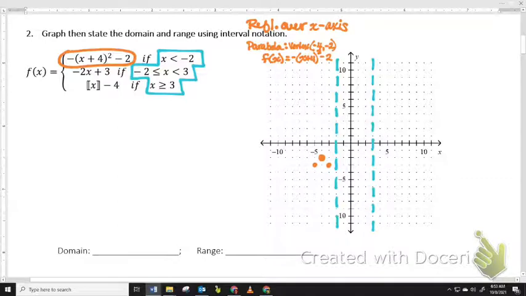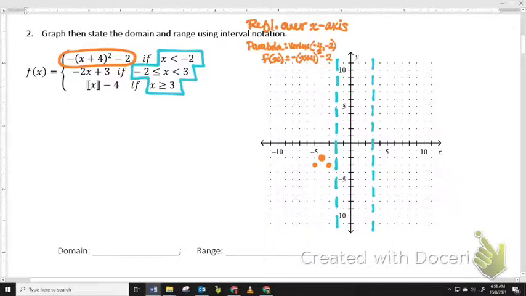So on either side of the vertex, I move left and right 1 and down 1. On either side of the vertex, when I move out 2 to the left and to the right, how far down will I go? 4.